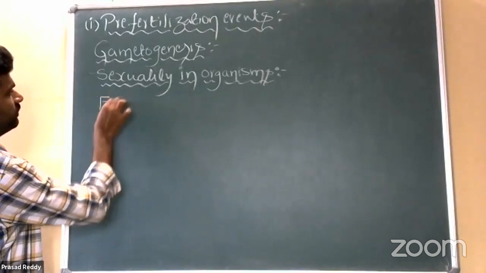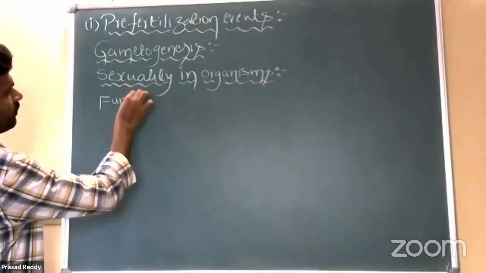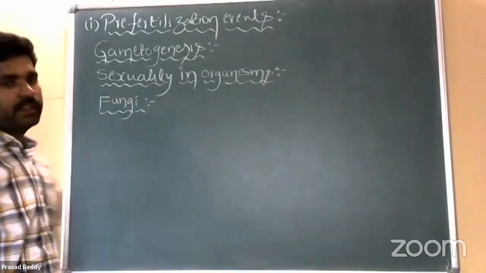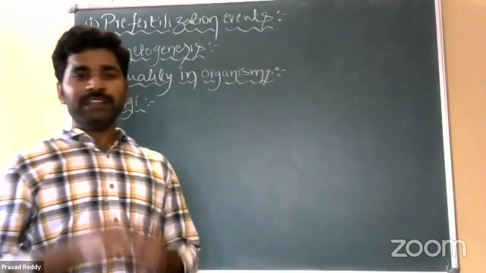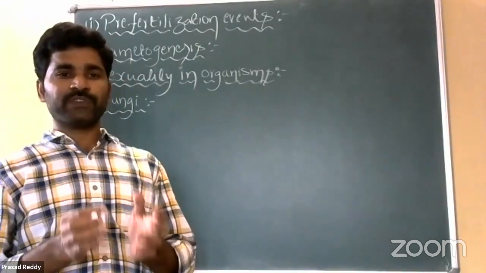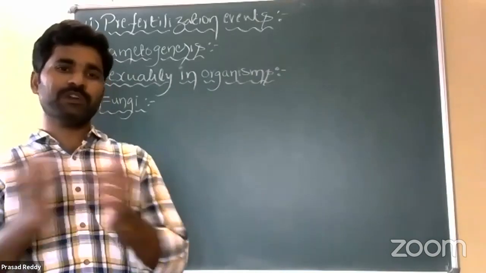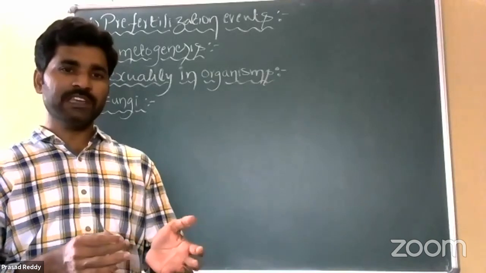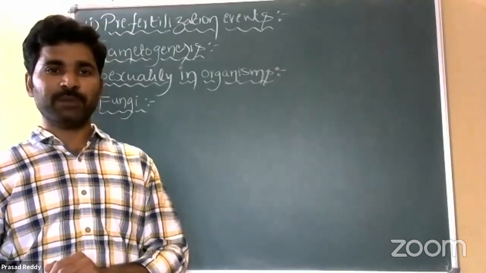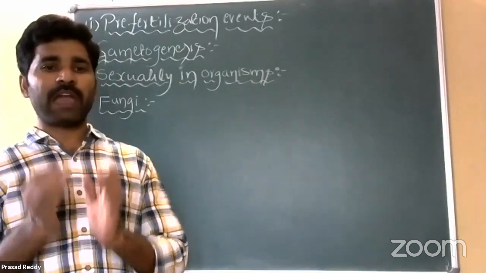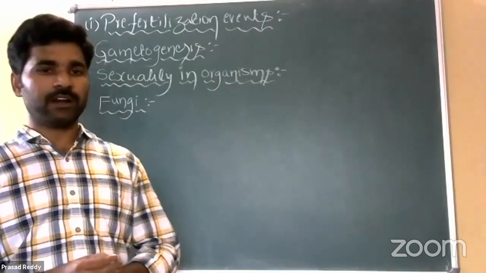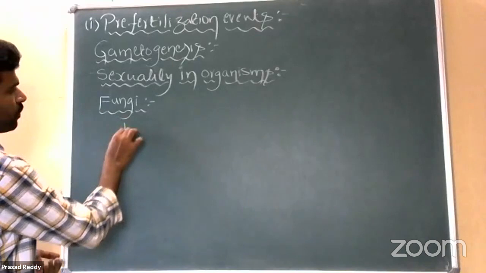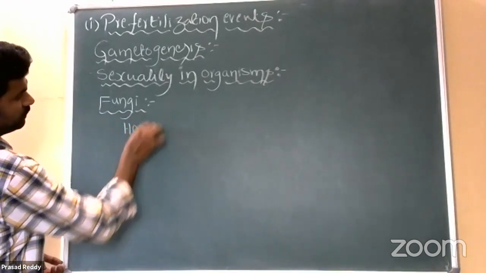In some fungi, we can't differentiate which is male and which is female, structurally and physiologically. So we call them homothallic organisms. So in fungi, homothallism.